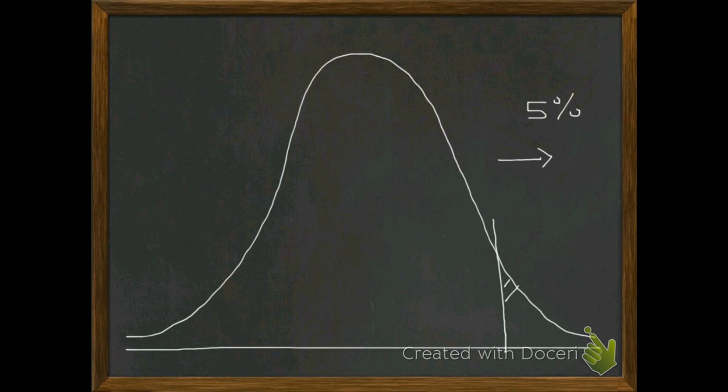So guys, what we have right here is we've split our distribution of sample means into two parts: the reject region and the fail to reject region.